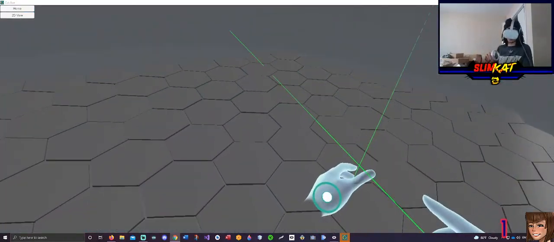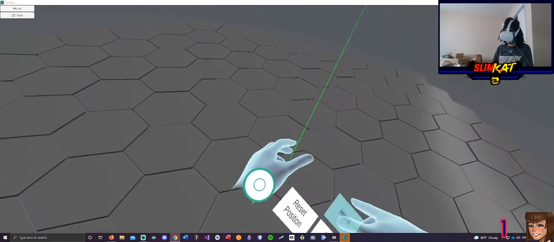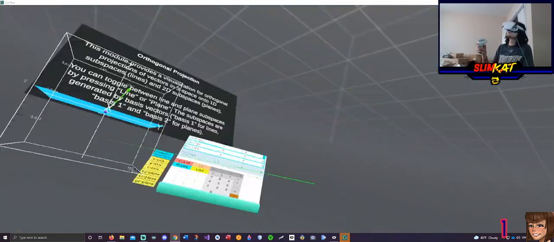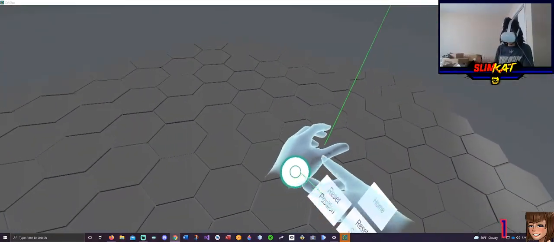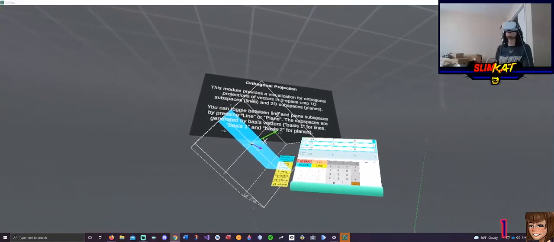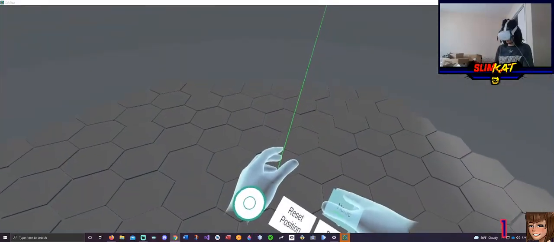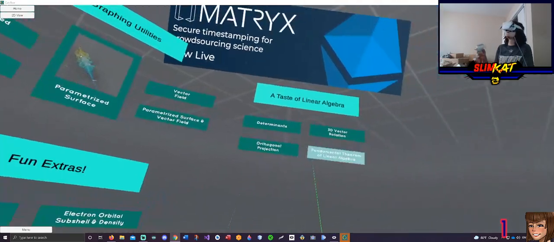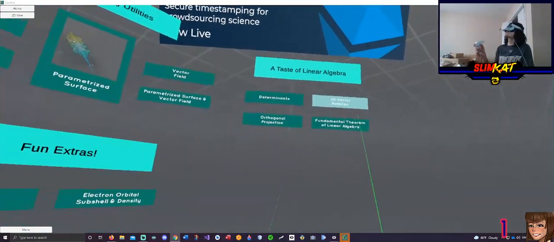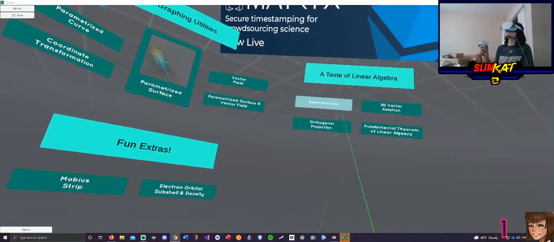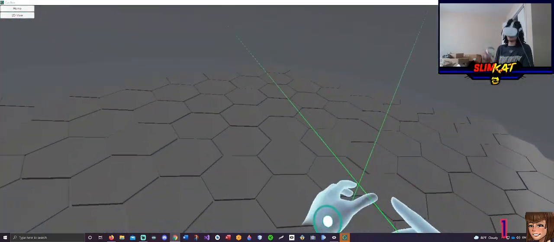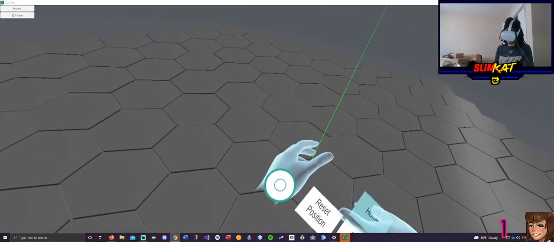Nope, that's also 3D. Orthogonal projection. Oh, there we go. Oh, that's also 3D. And 3D vector rotation, it says so in the name. Determinants. Yep. All right, I've checked everything out.